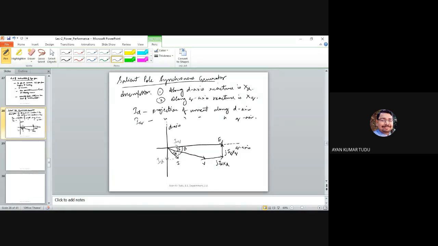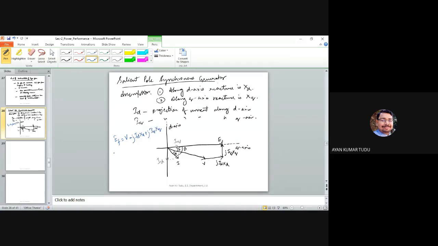So what can we infer from this particular figure? Number one, the no load voltage Ef is equal to the terminal voltage V plus jIdXd plus jIqXq.